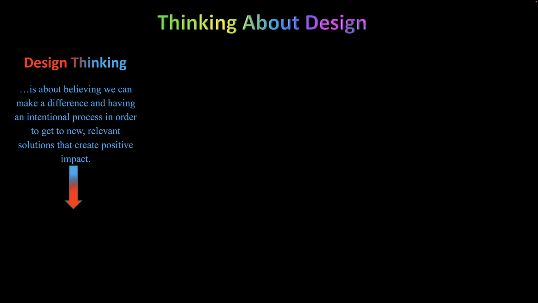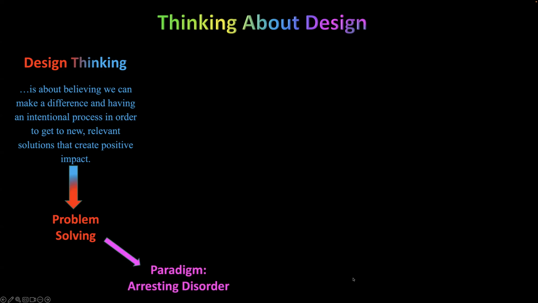And therefore, what happens out of that is basically the idea of problem solving. And problem solving is based in the paradigm of arrest disorder because we're trying to fix something. Now, there could be some do-good involved in that because you're trying to arrest the disorder from a perception of doing good.